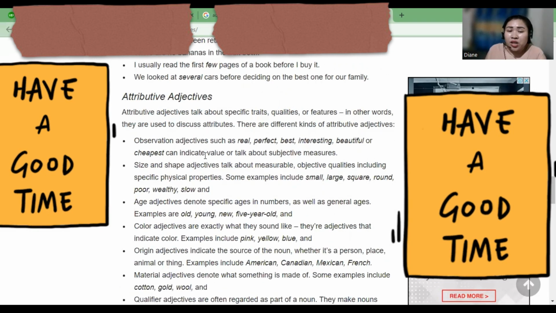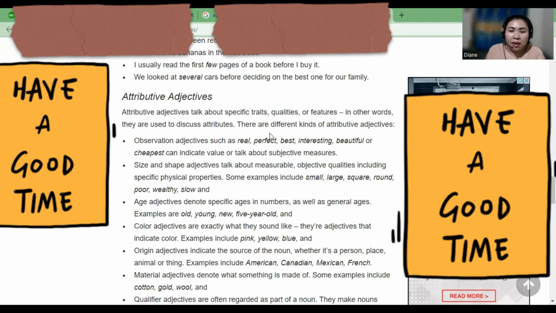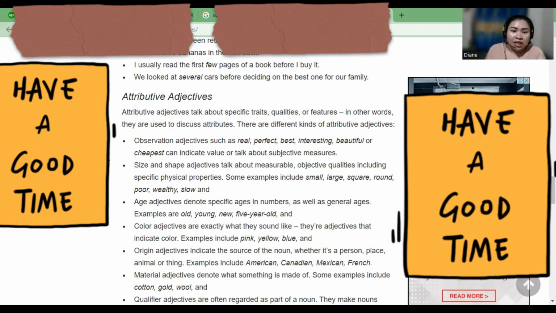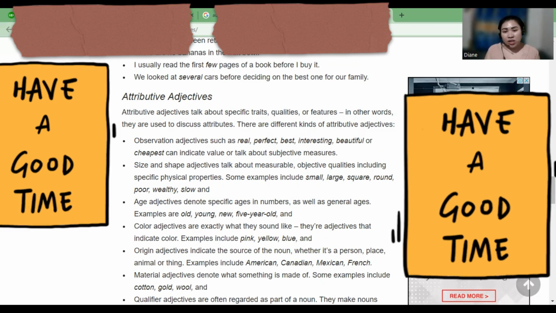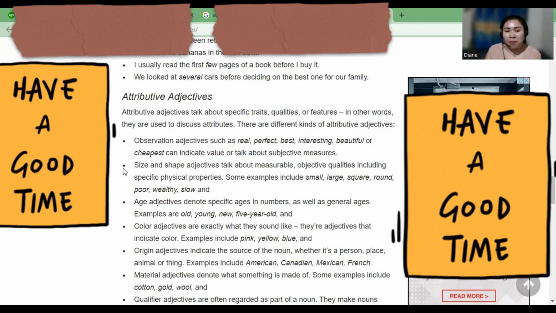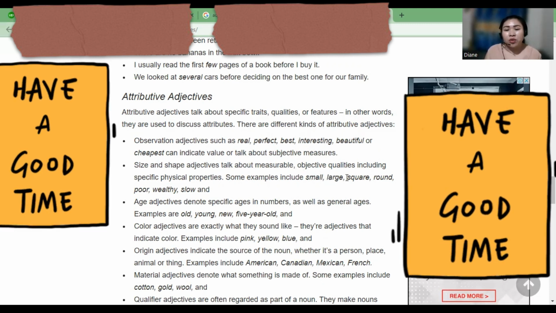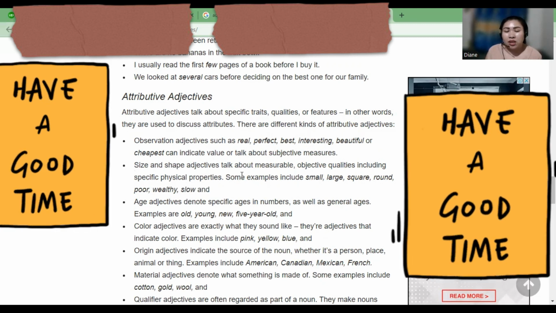The first type of attributive adjectives is observation adjectives, such as real, perfect, best, interesting, beautiful, or cheapest. They can indicate value or talk about subjective measures. Size and shape adjectives talk about measurable, objective qualities, including specific physical properties.